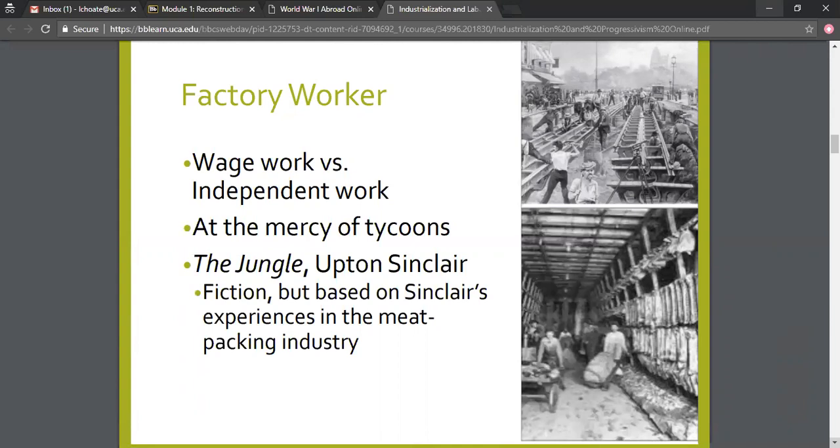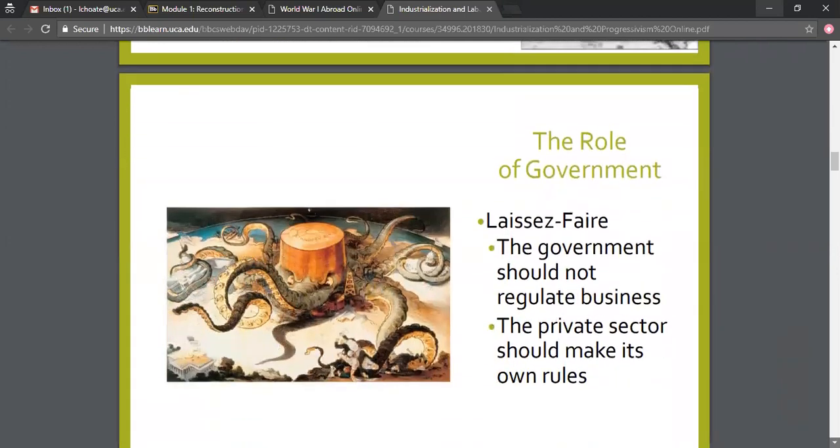Then he wrote a book about it, and that book was responsible for enlightening other people, non-factory workers, to just how terrible the conditions were. It talked about how people would fall into machines, people would get injured on the job, people were working 16-hour days, they were getting paid just a few cents an hour, they weren't making a living wage. It exposed all of that to the general public.